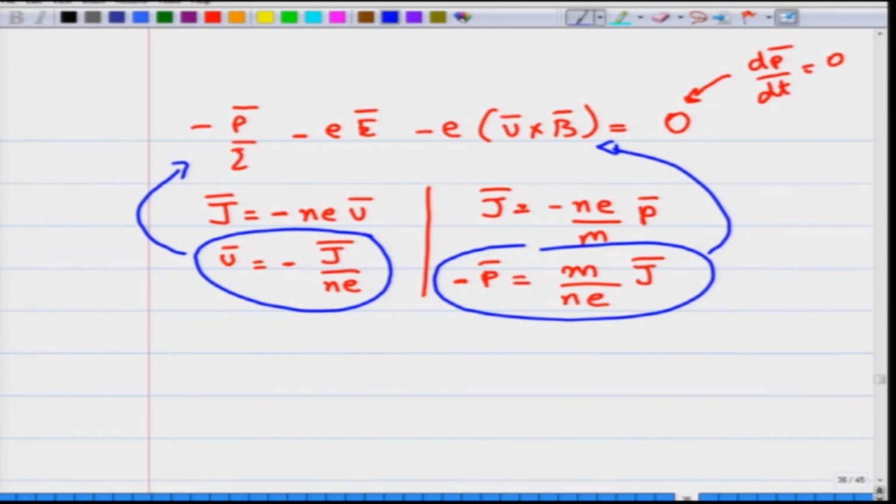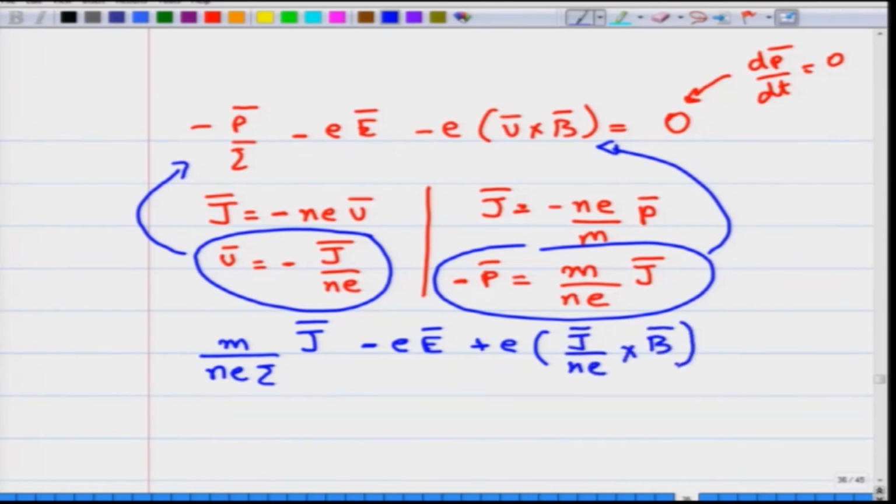Okay. So, you will get first term will be m by NE tau into J minus E times the electric field minus E times, now the velocity will be written as, for the velocity we replace this expression as J by Ne, cross B. This negative sign has taken care of this sign and this is equal to 0.